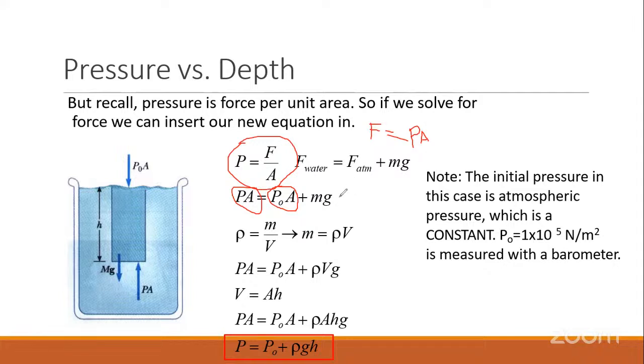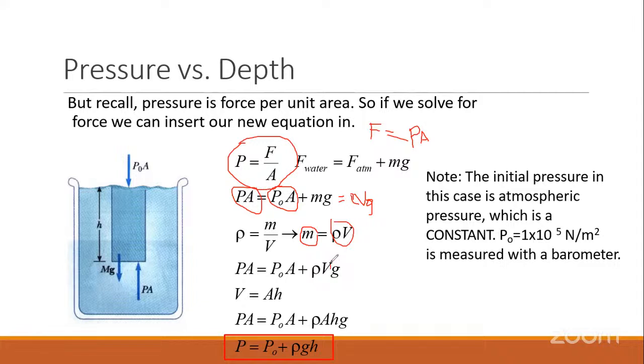Our mg is transformed to density, volume, acceleration due to gravity, because density is equal to mass over volume. So mass is equal to density times volume. So we replace mass with this rho V and substitute into the expression.